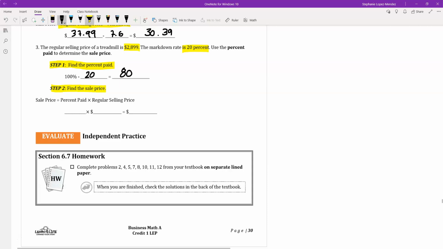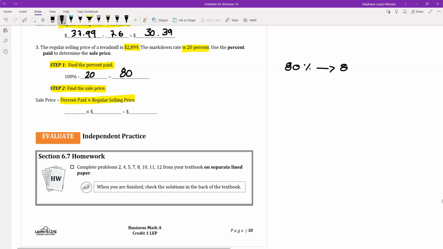Well, we are going to use our other formula, which is percent paid times regular selling price. So our percent paid is 80, right? Since this is a percent, we need to convert that 80% into decimals.